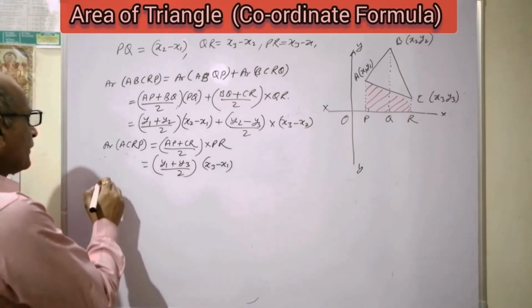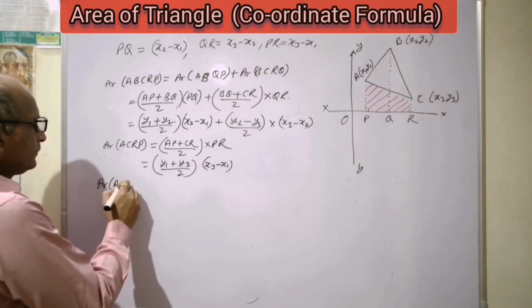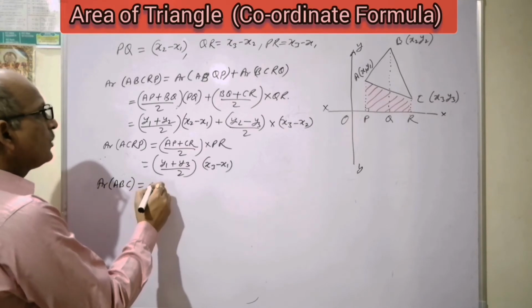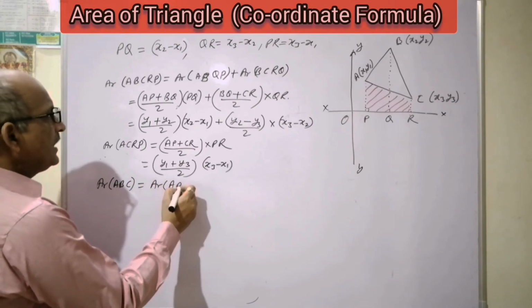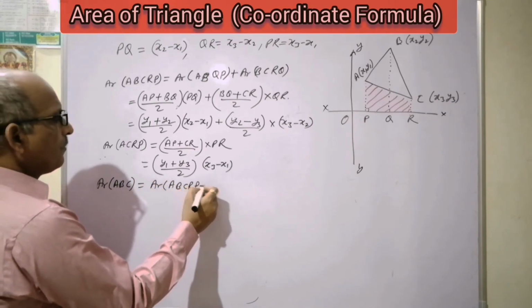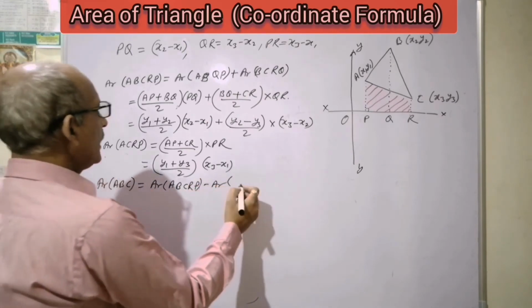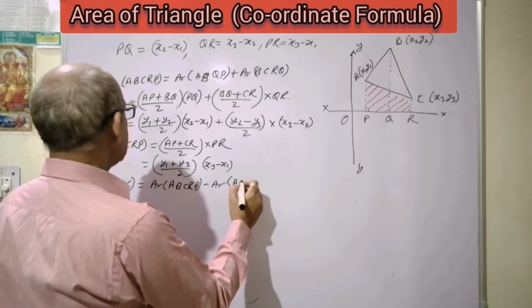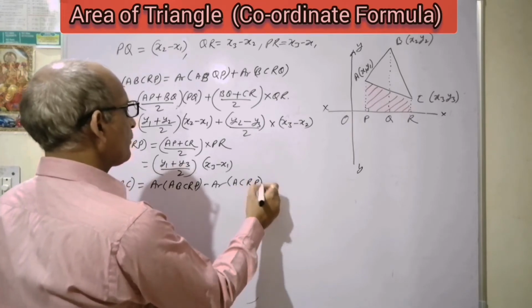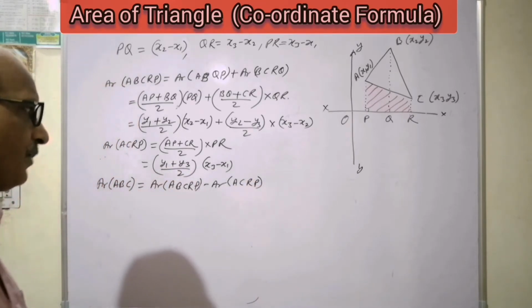Writing here, the area of ABC is equal to the area of ABCRP minus the area of ACRP.